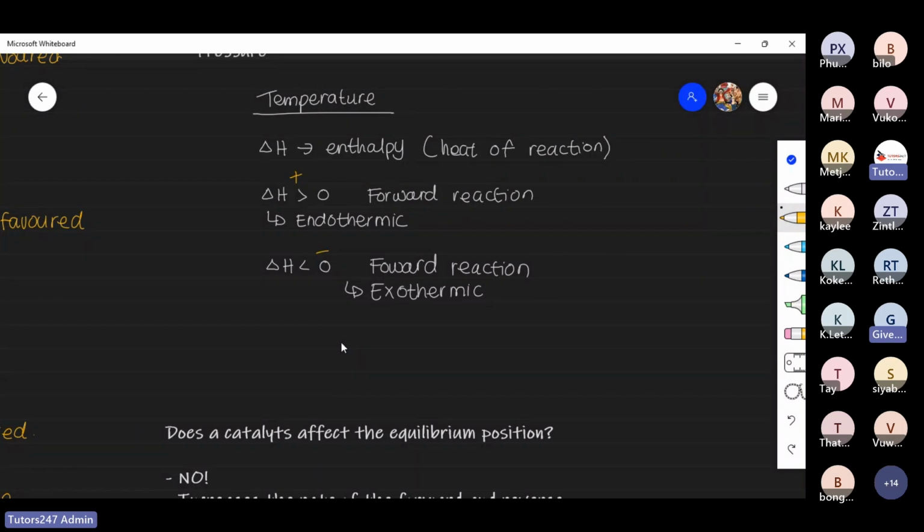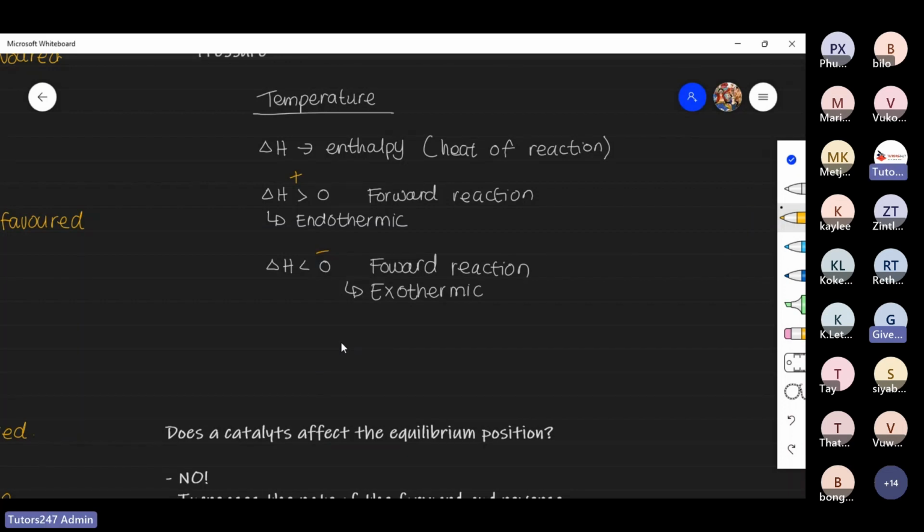If our heat of reaction is negative, our forward reaction is exothermic, which then means that the reverse will be the opposite, okay? So if we have positive heat of reaction, that means our forward reaction is endothermic and our reverse reaction is exothermic.